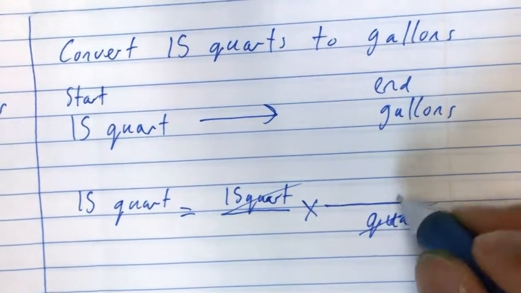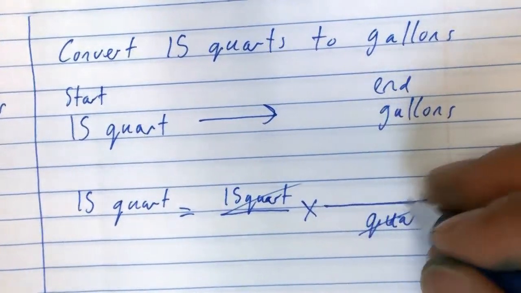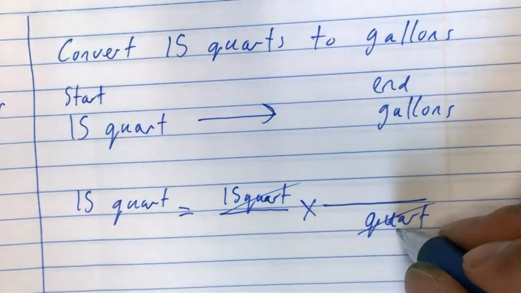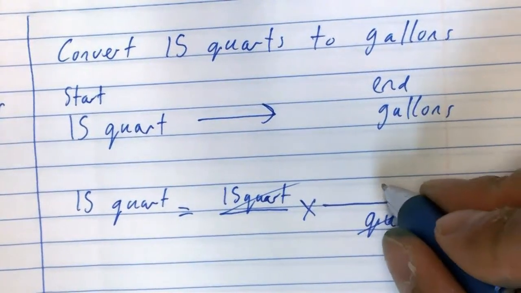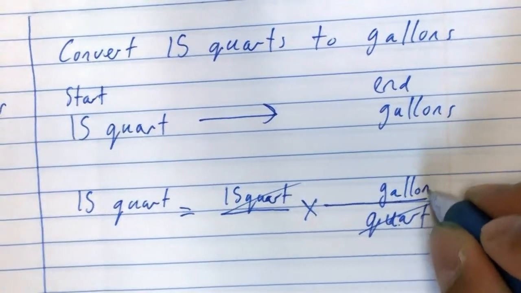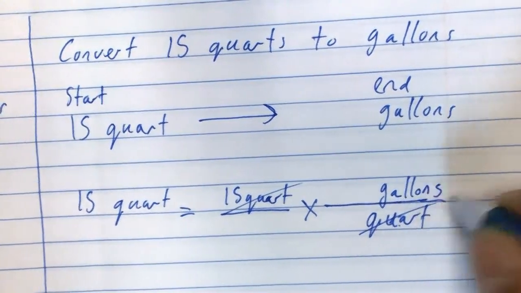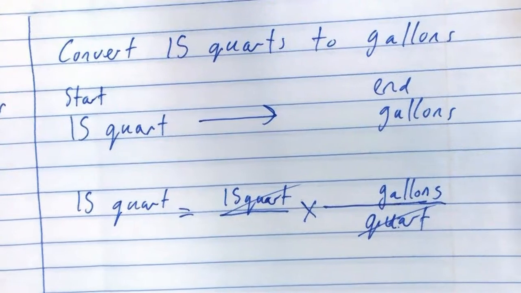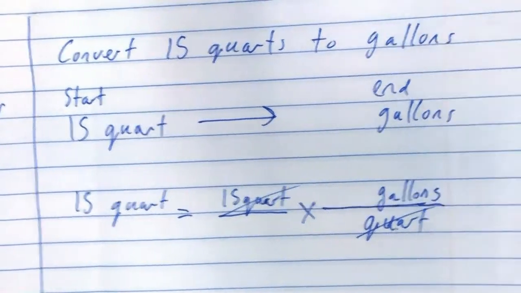Remember that? Now I just showed you in the conversion chart that there is a unit that goes with quarts and gallons. Okay, so there's a conversion that goes from quarts to gallons and gallons to quarts, vice versa.